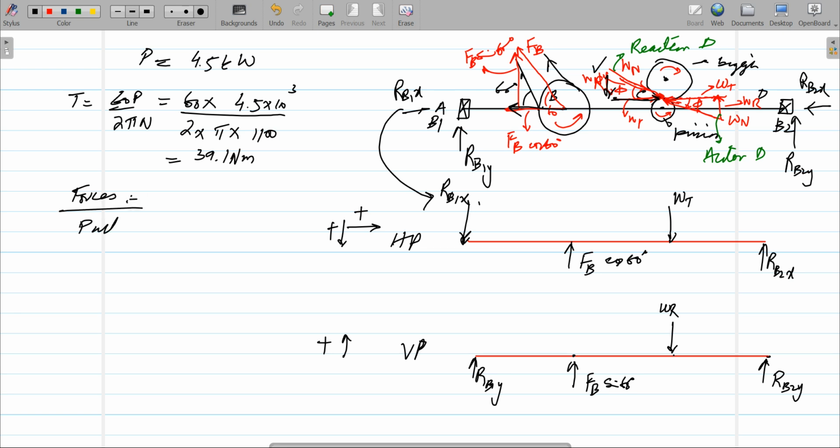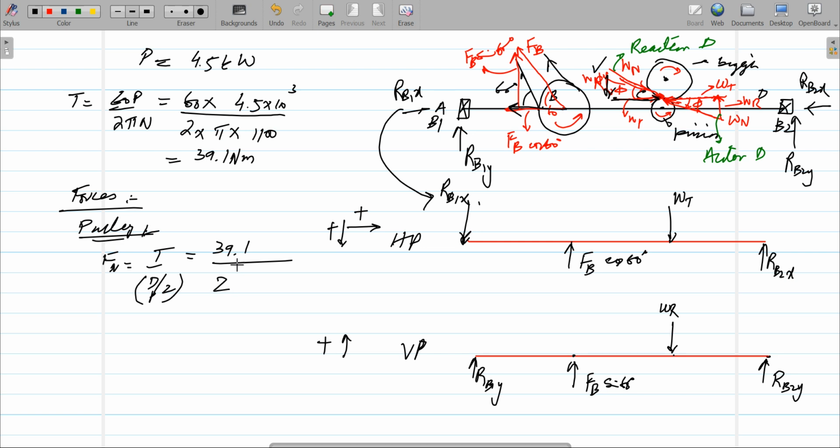The second step is to find the magnitude of the forces. First let's start with the pulley. We know that the pulley has a driving force Pn equals T over dP by 2, where dP is the diameter of the pulley. This is 39.1 divided by the diameter of the pulley. If you look at the numerical, the diameter of the pulley is written as 254 mm.